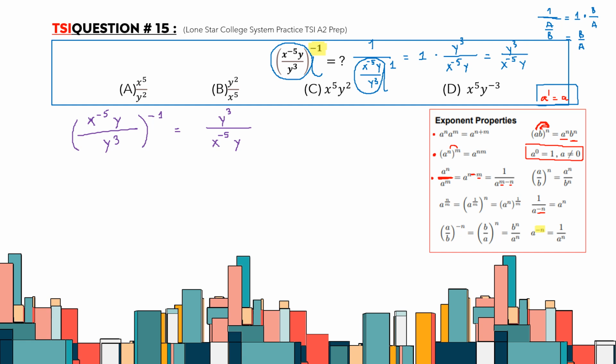Alright. Now the next step, what can we do? We want to eliminate all the negative exponents. If we see x to the power of negative 5, we want to make it positive. How can we make it positive?